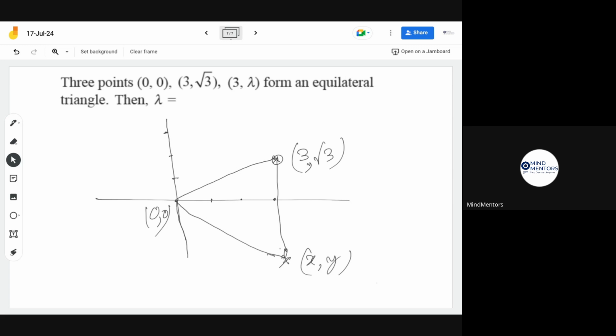So x equal to 3, and 3 and lambda. So what do you think? What comes to mind if it is an equilateral triangle? If you are able to draw the diagram, does something make sense? Does something come to mind?